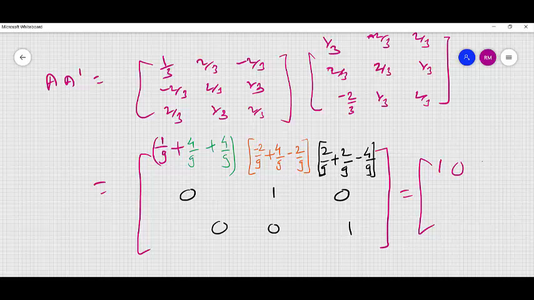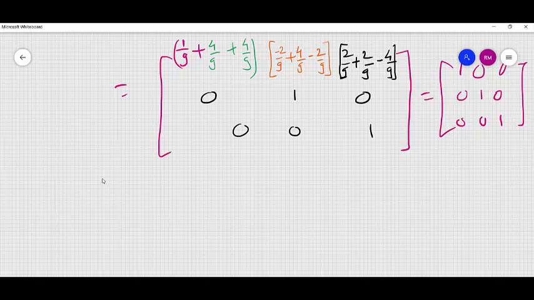So 1, 0, 0, 0, 1, 0, 0, 0, 1. So we get the conclusion, A A dash is equal to the identity matrix. So A is an orthogonal matrix.